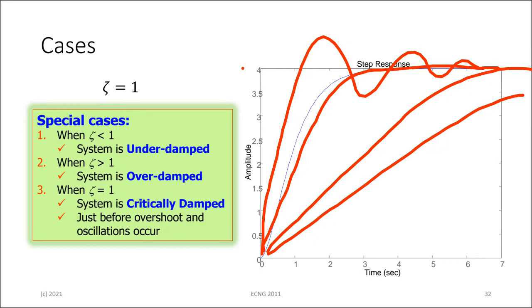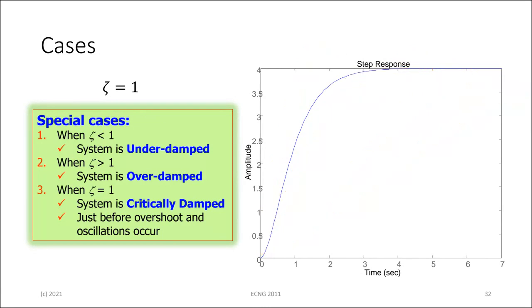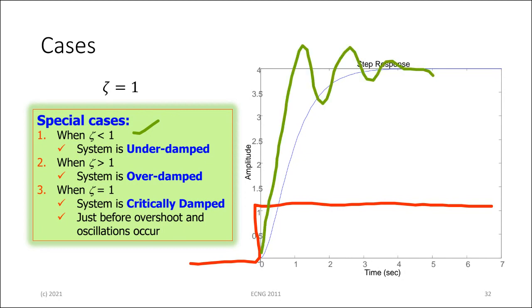If for instance, this was a step response for a system, if you try to get it to respond too fast, so this is my step coming in. Let me just draw this step again. So this is a step coming in. If I try to make the system respond too fast, meaning that I make the damping small, then it has a tendency to do this, right?